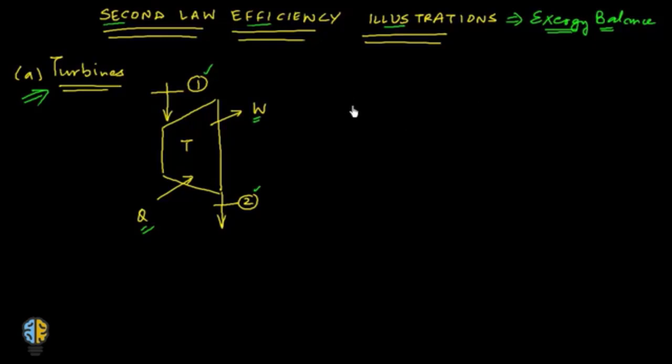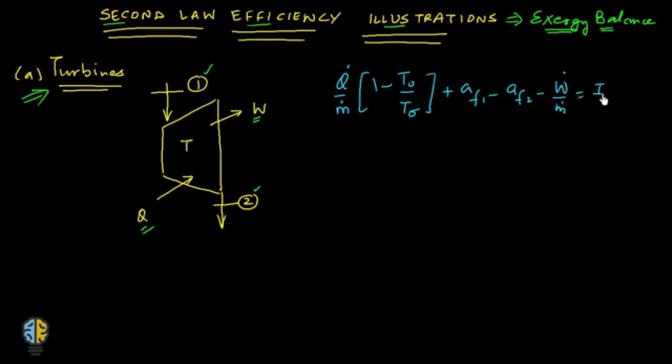For a single stream, if you remember, the steady flow exergy balance was Q dot upon M dot into 1 minus T naught upon T sigma plus AF1 minus AF2 minus W dot upon M dot is equal to I dot upon M dot.